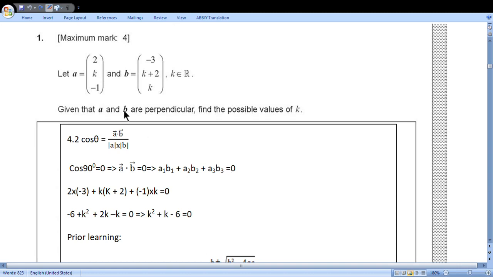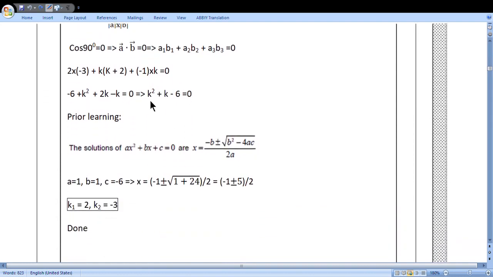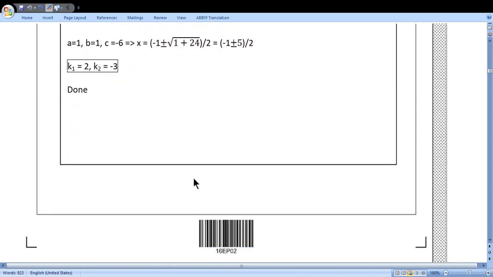Substituting the x, y, and z components of the vectors, we get a quadratic equation. The straightforward way is to use the formula from prior learning, which is also in the booklet, and we get 2 and minus 3. Done.